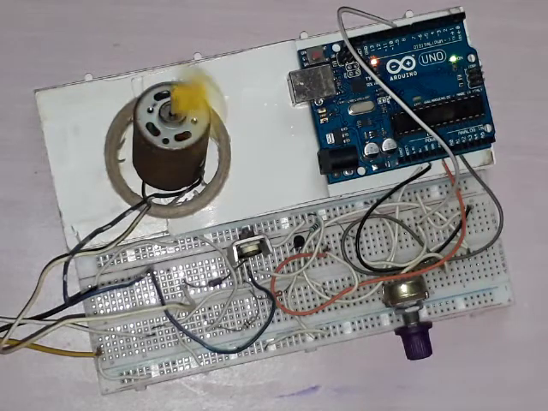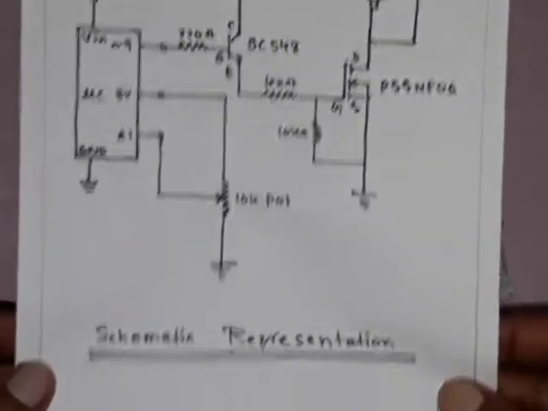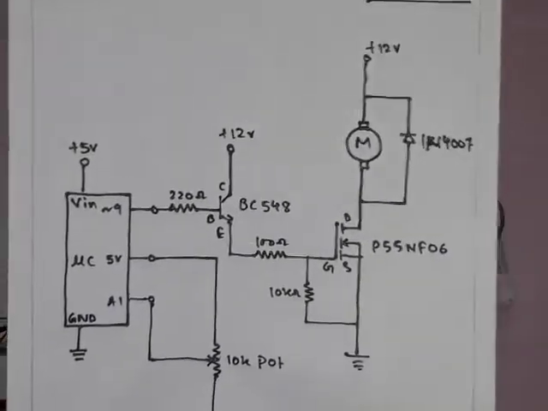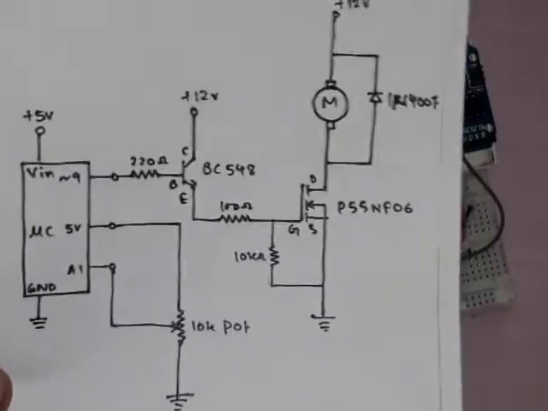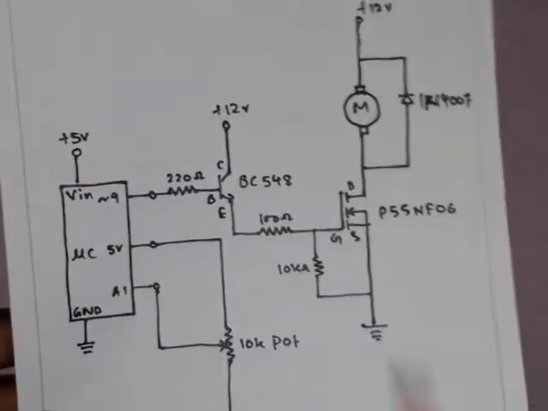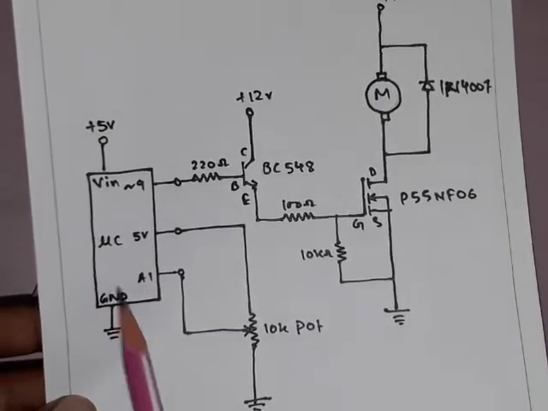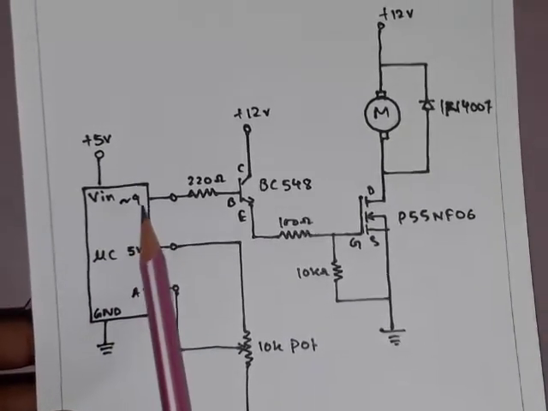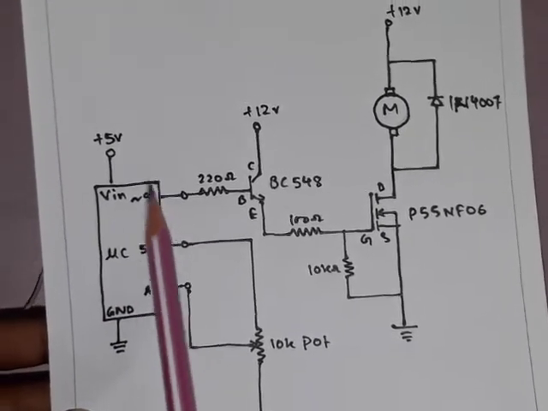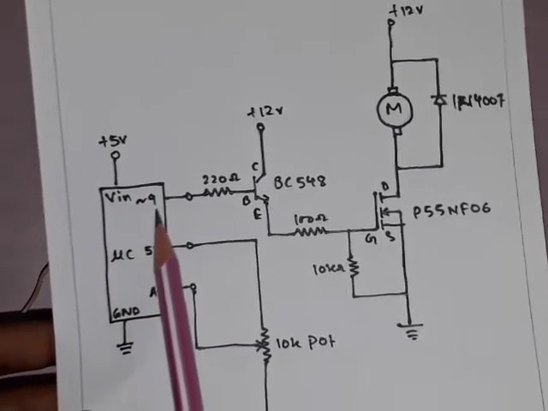Okay, so let's move forward and see the schematic representation of the project. And here it is, this is the schematic representation. Let me explain. This is the microcontroller, and the PWM signal is generated from pin 9 of the microcontroller.